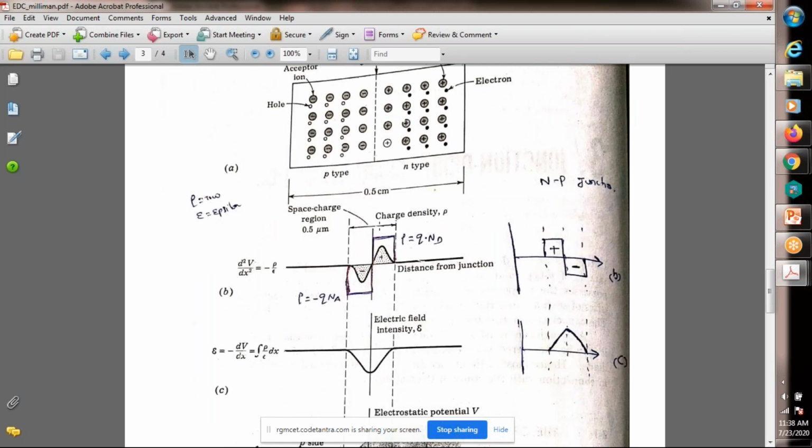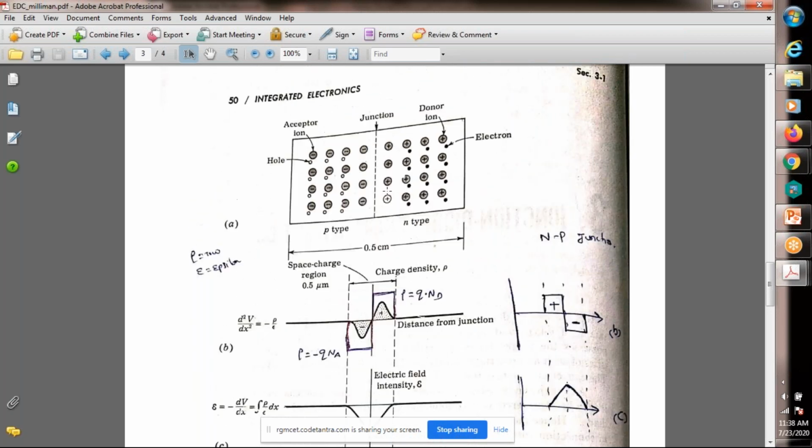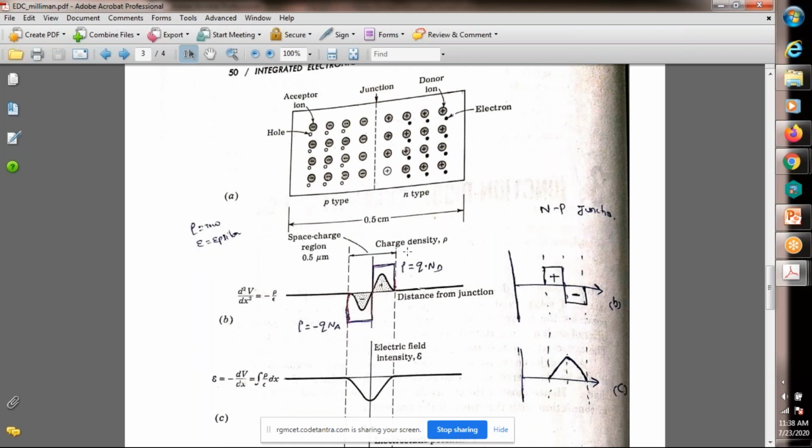Now if you draw this, typical values are given. The total length of the PN diode is around 0.5 centimeter only. In that 0.5 centimeter, the depletion region width is only 0.5 micrometer.